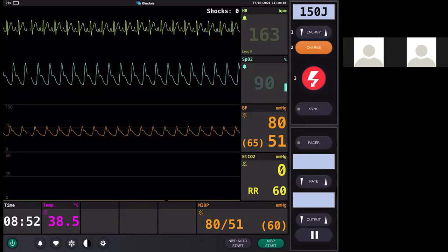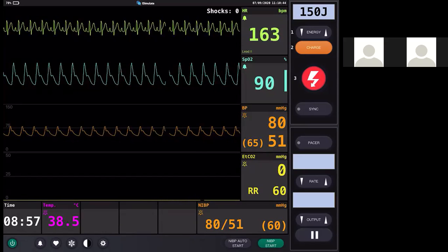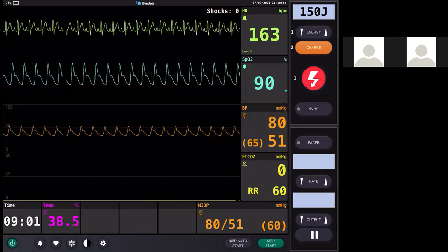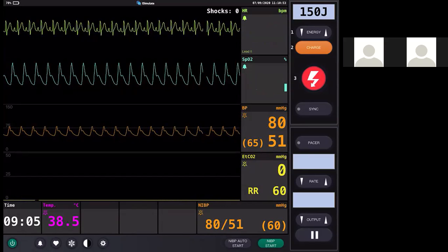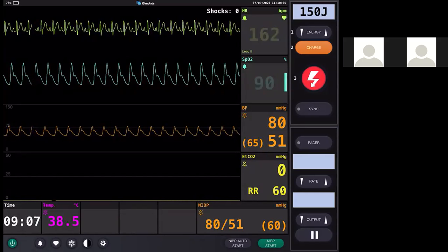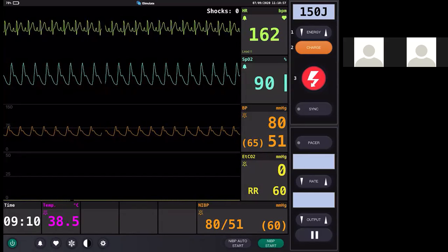What do you think is going on? Can someone let me know what's going on at this point before we move on?